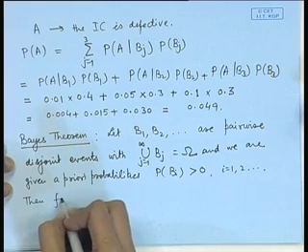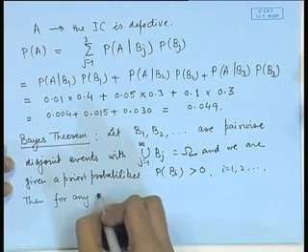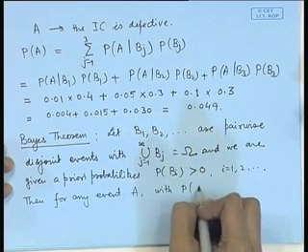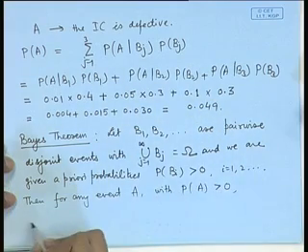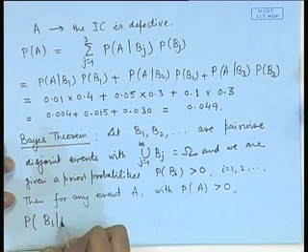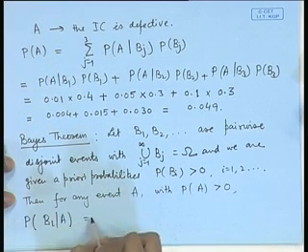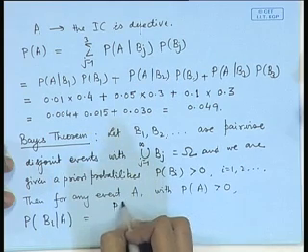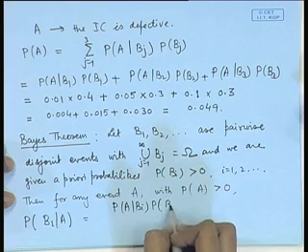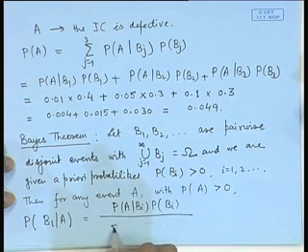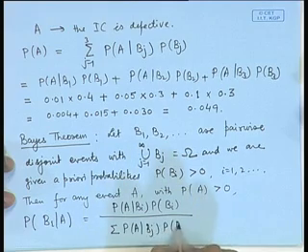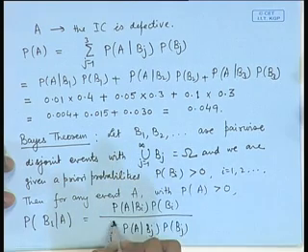Then for any event A, of course, since conditional probabilities are involved, we must say probability of A is positive. Then we define probability of Bi given A, that is equal to probability of A given Bi into probability of Bi divided by sigma probability of A given Bj into probability of Bj, j equal to 1 to infinity.